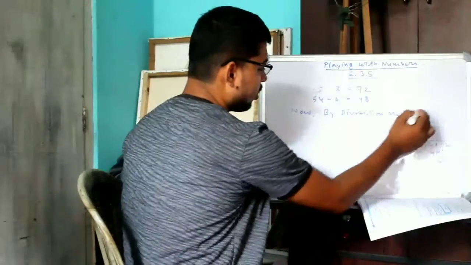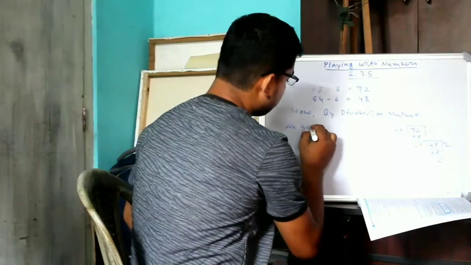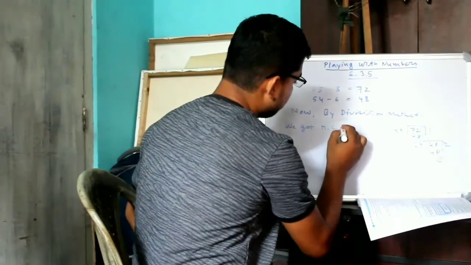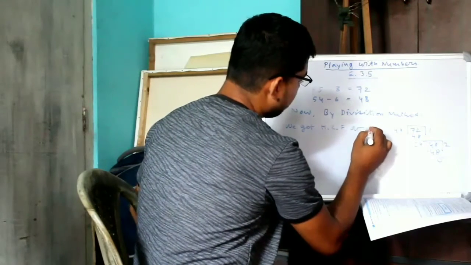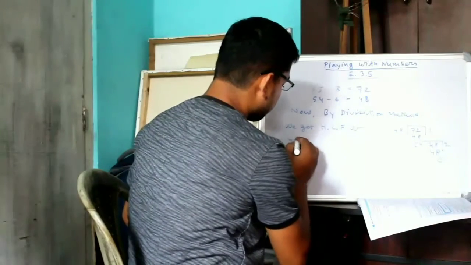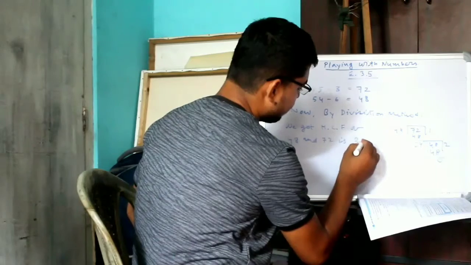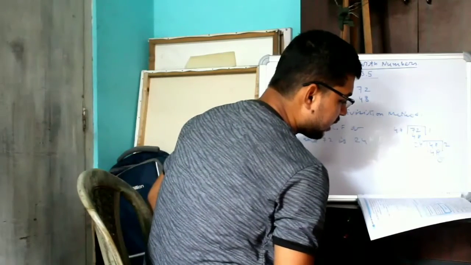So by division method we got the HCF of 48 and 72 is 24.